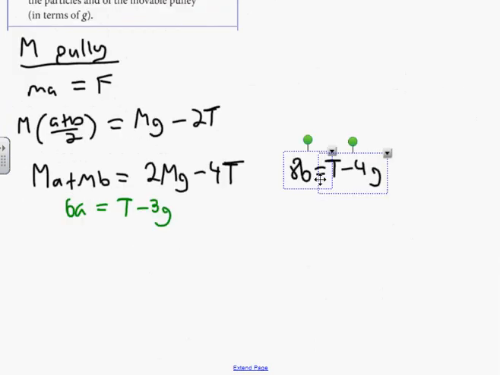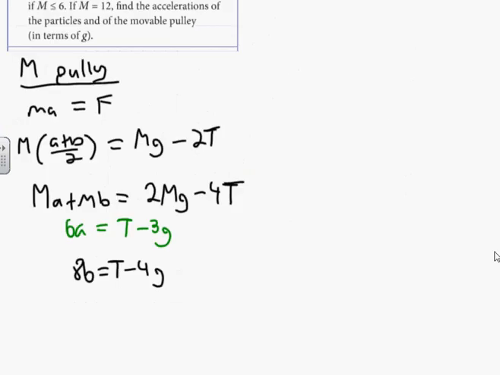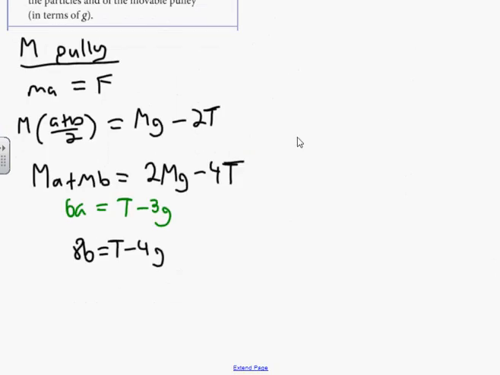We need to isolate A and B. So how to go about doing this, guys? Let's get rid of the T's, systematically get rid of some T's. Okay, so I'm going to join these two together, and the algebra is harder than anything, to be honest. Isolate T. T equals 6A plus 3g.